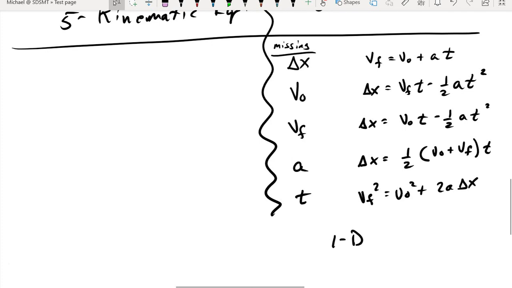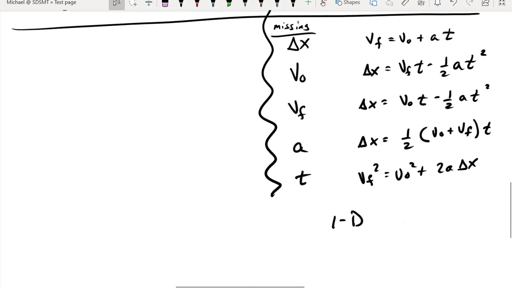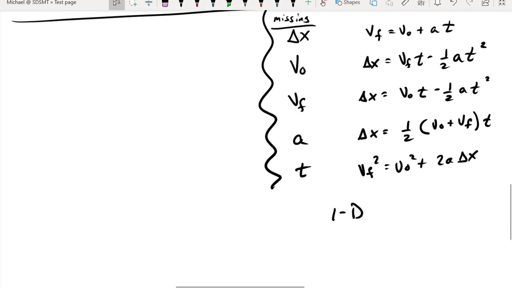And we're just going to rewrite them in terms of the angular variables. So anywhere in my kinematic equation where I had a delta x, I'm going to replace it with a delta theta. Anywhere where I had initial velocity, I'm going to have initial angular velocity.